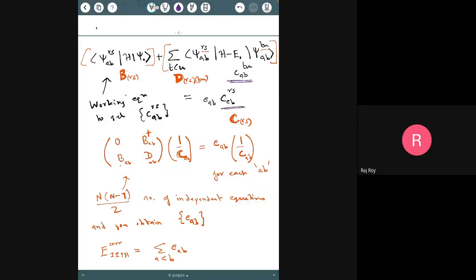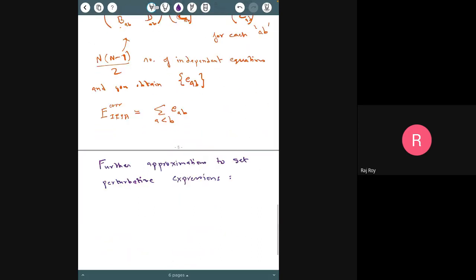If we had TU equal to RS, then I would have an expression for CAB-RS and I wouldn't need to solve an equation. So that is what people did. And by people, I mean this was, I think, Epstein and Nesbet, or yeah, probably. Yeah, I think it was Epstein and Nesbet who did this approximation.